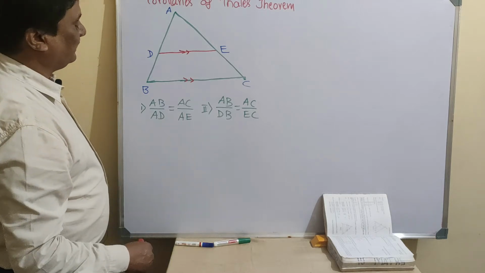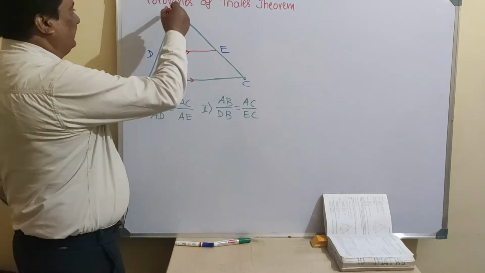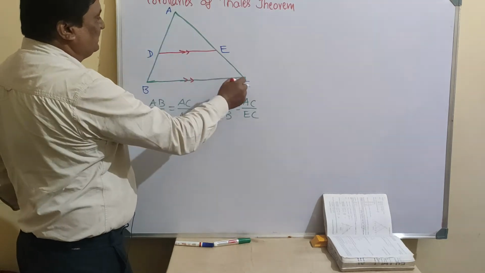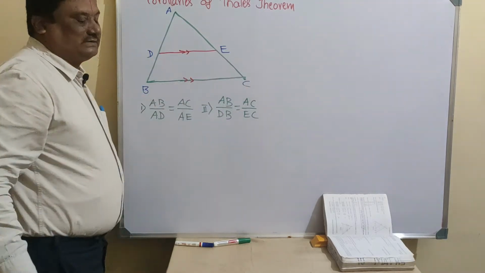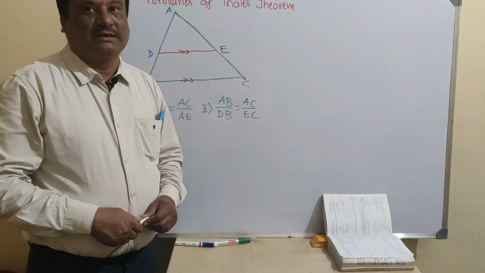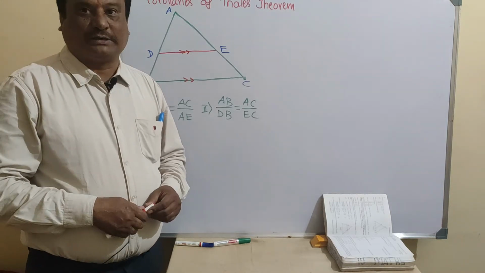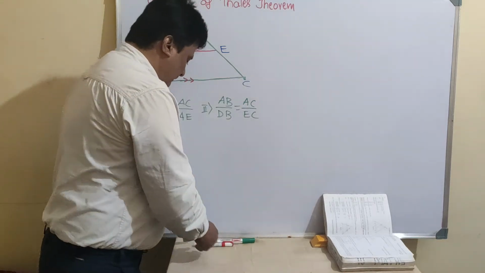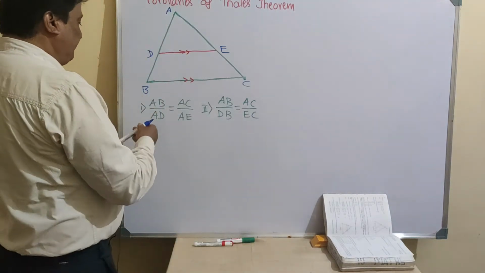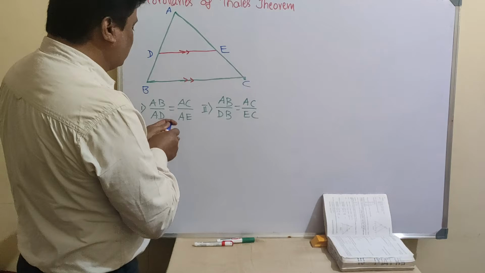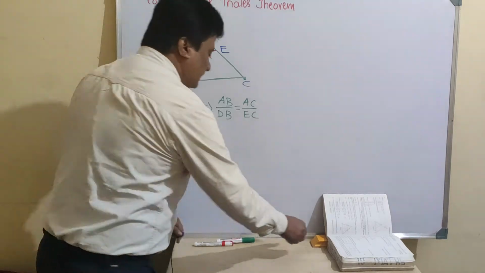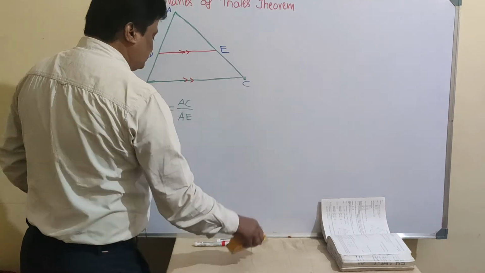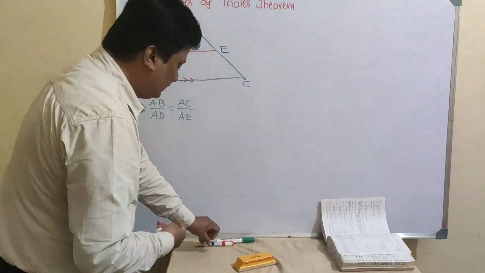And the second corollary is AB by DB is equal to AC by EC. These are the two corollaries of basic proportionality theorem. So let's prove the first one, AB by AD is equal to AC by AE.